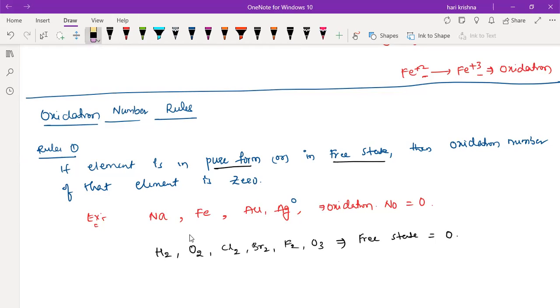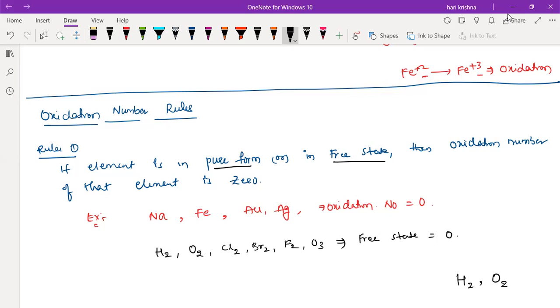Sir, could you tell again the difference? See, suppose we take hydrogen, it cannot exist in the form of a single H, right? It will exist in the form of H2 only. If you take oxygen, can single oxygen exist freely? No, sir. Freely it will not exist as single oxygen.